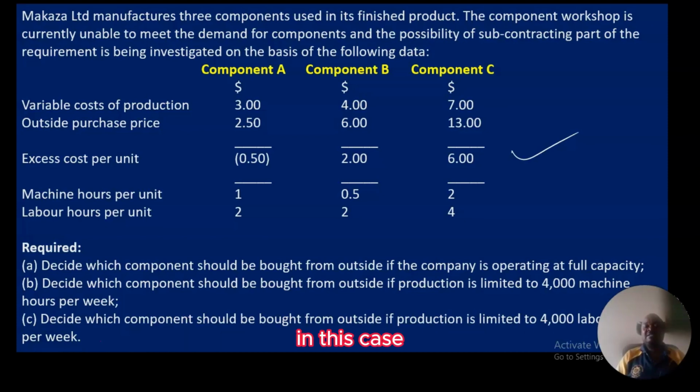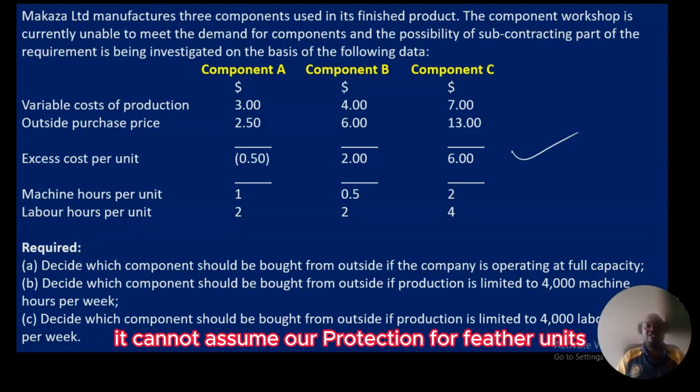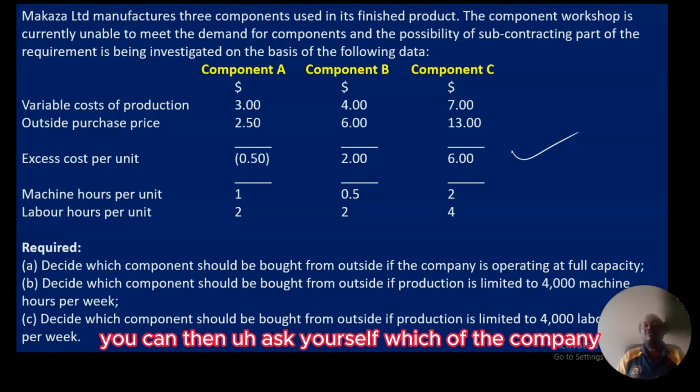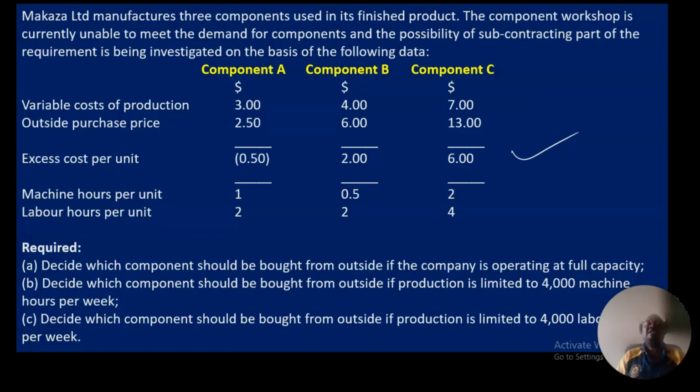So in this case, if the company is operating at full capacity, it means that it cannot assume production for further units outside its normal production hours. Given the components there, you can ask yourself which of the components has got the highest variable cost over the purchase price.